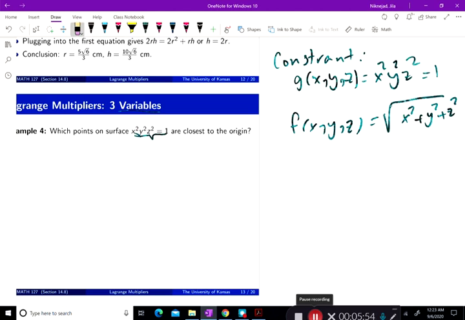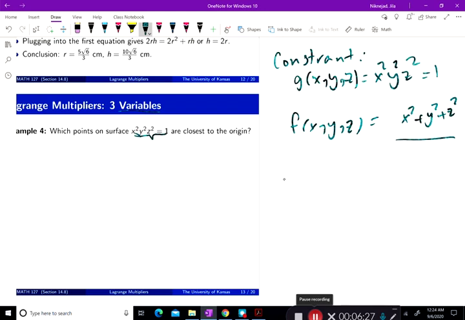So we learned even when we were doing calculus of one variable that it's easier to optimize the function to the power 2, and that would give you the optimization of the square root of that value. So we're going to make sure that we optimize this function instead of the square root of it.